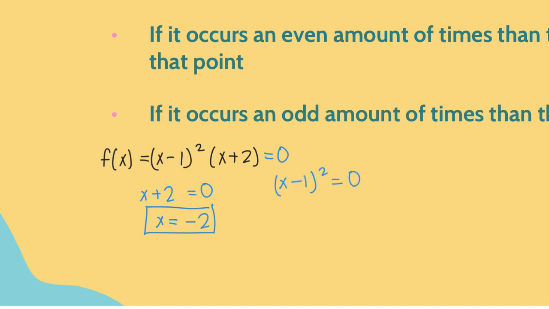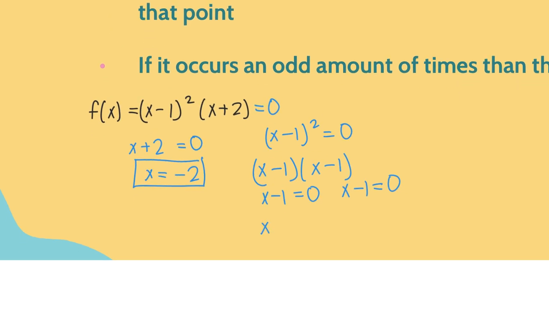Another way to write this, we should know this, is (x minus 1) times (x minus 1). Okay, same thing, x minus 1 equals 0, x minus 1 equals 0, and I'm going to get x equals positive 1 and x equals positive 1. So if I'm looking at it, I have a total of 3 answers.